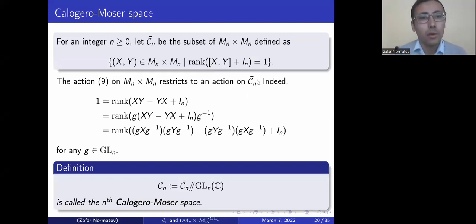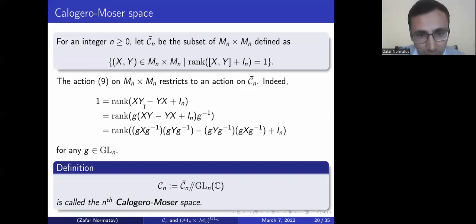Now we talk about the closure-measure space. For an integer n, let Cn bar be the subset of the direct products defined as follows. The action of the group GLn on the direct products restricts to an action on Cn bar.